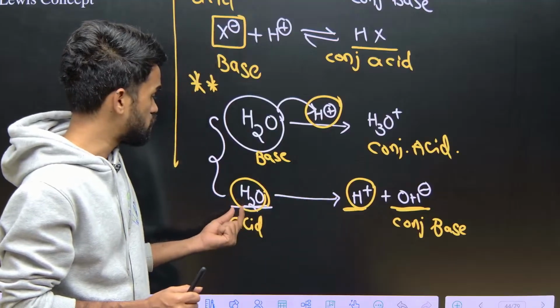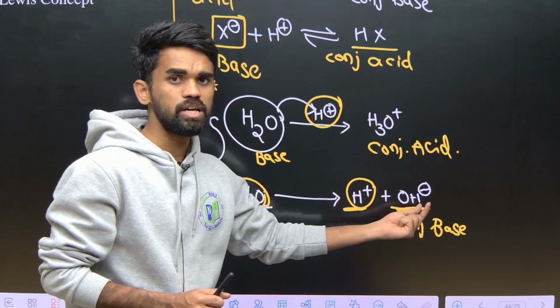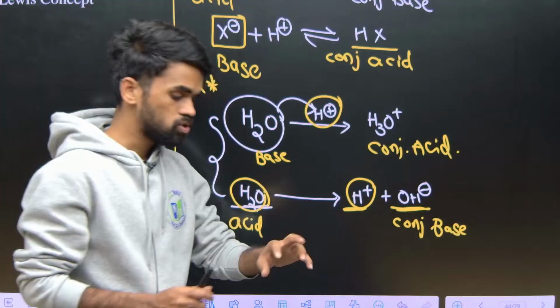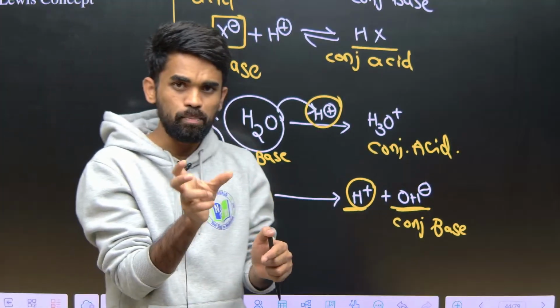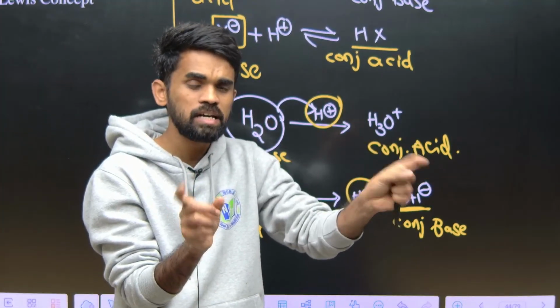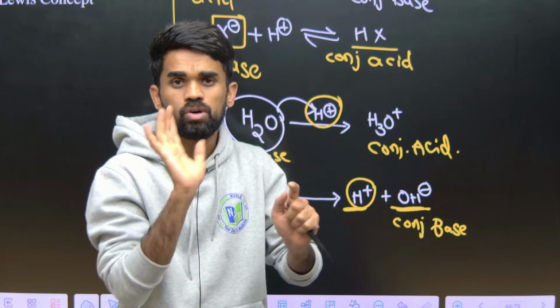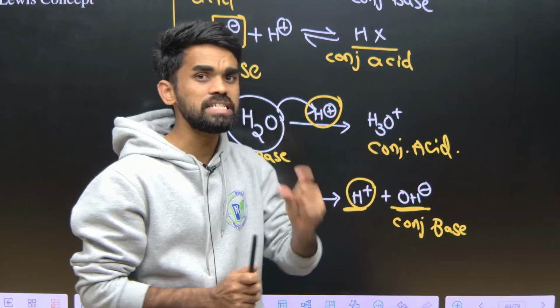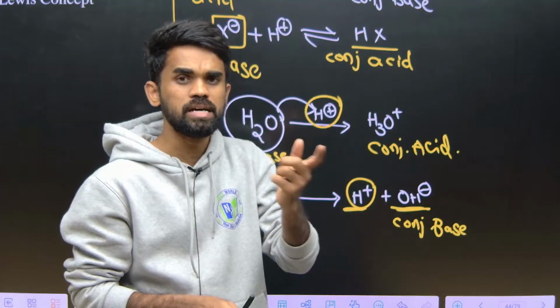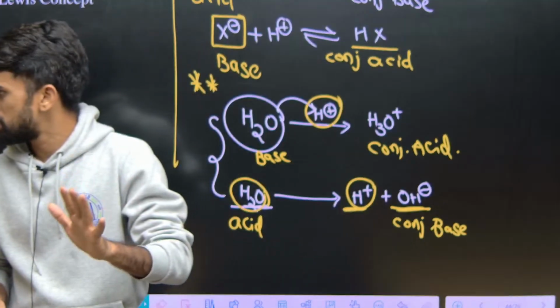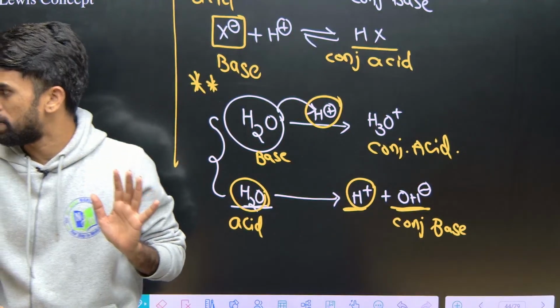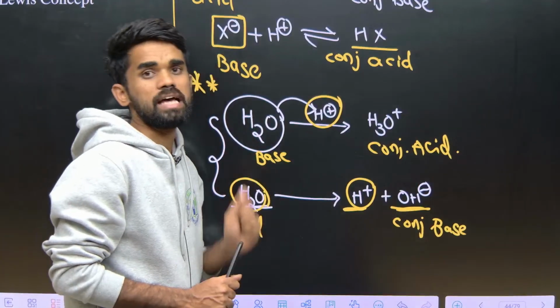It is H2O, this is OH minus, so one hydrogen is decreased. So simply you can say a base and its conjugate acid will differ by one proton. Always the acid will have one proton more than its base. This is the simple thing you can remember to understand the concept of conjugate acid base theory.